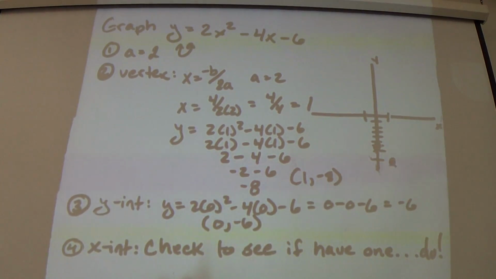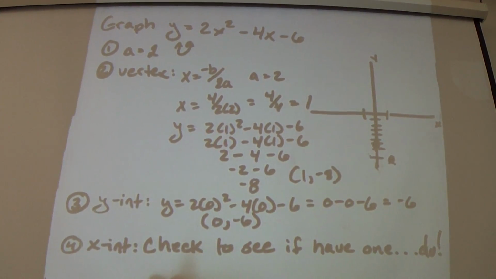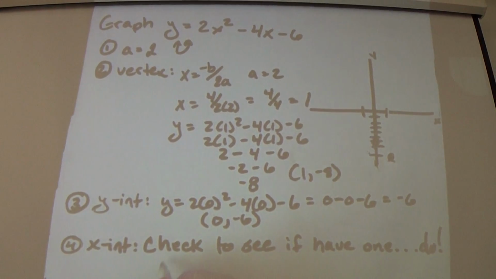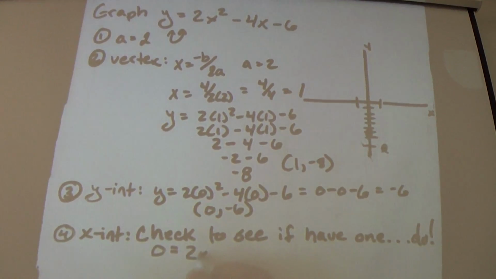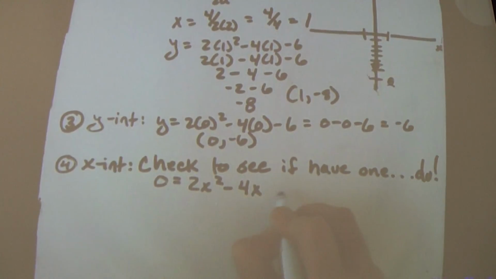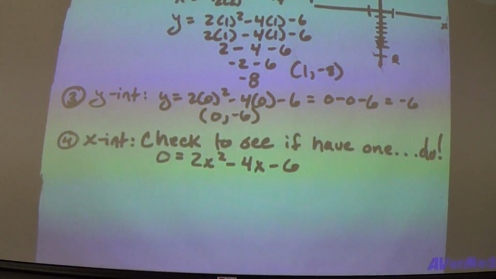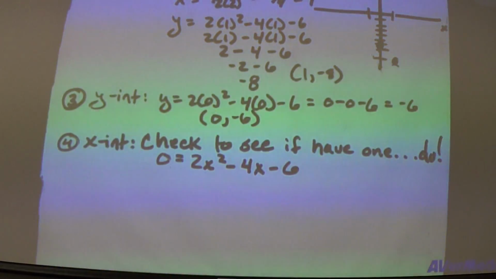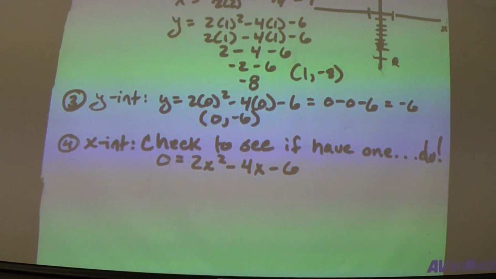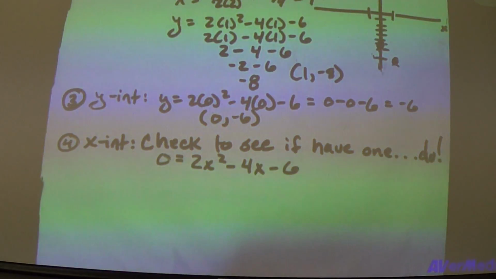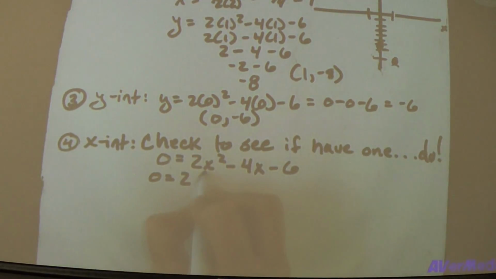But I do have one, which means that now I can go ahead and find it. In order to find it, we're going to set the y equal to 0. And I'm going to solve using all of those methods that we've used before. So what's the first thing I should look for here? GCF. What is my GCF? 2. Factor out a 2, and I get x squared minus 2x minus 3.